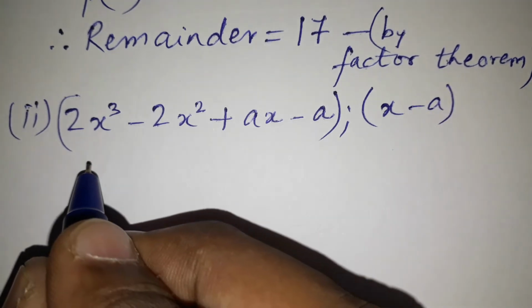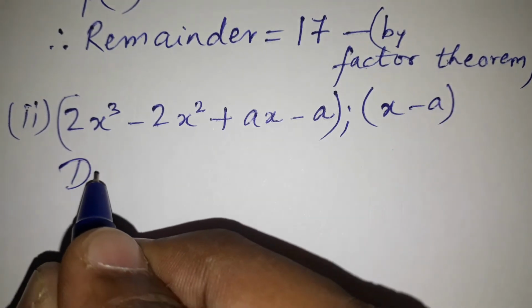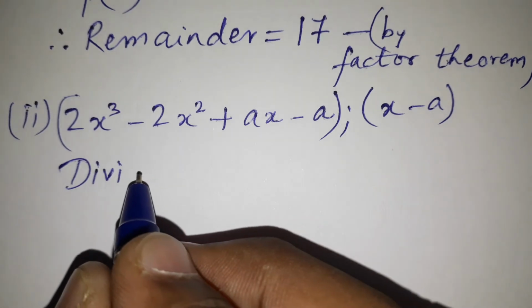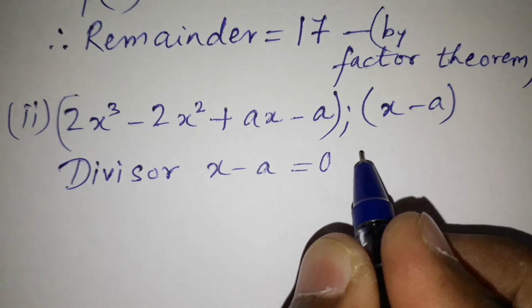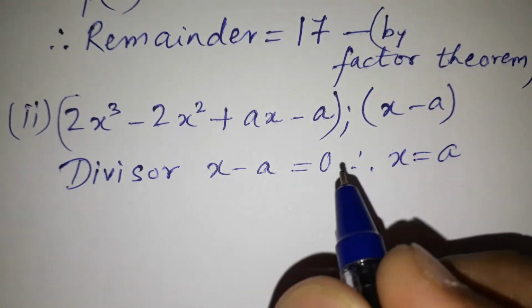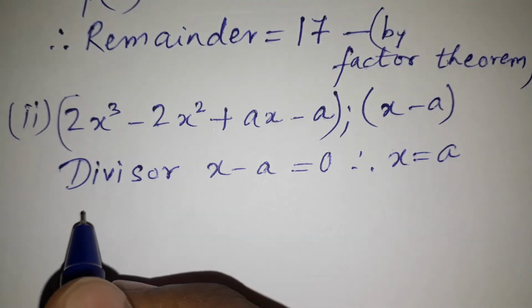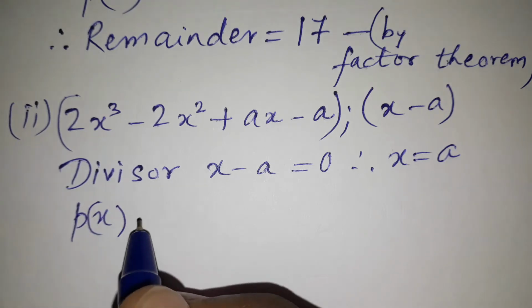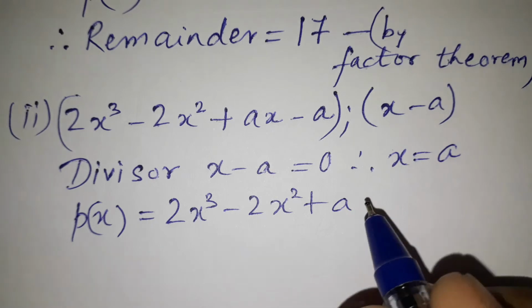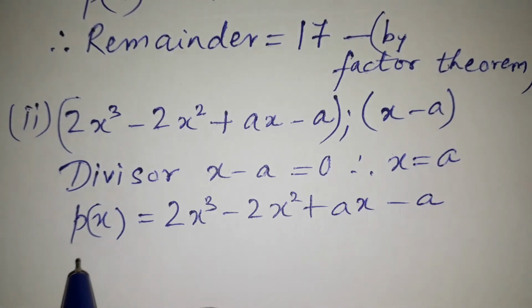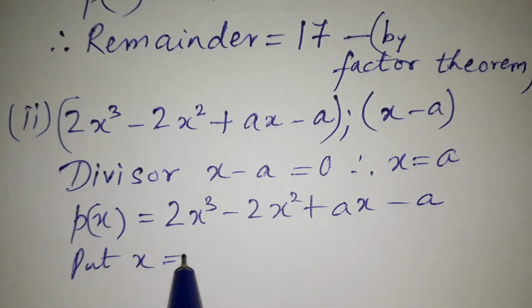As we discussed, first we need to put the divisor equal to 0 to find the value of the variable. So divisor x minus a is equal to 0, therefore x is equal to a. Now this value we have to put in the polynomial. Our polynomial is 2x cube minus 2x square plus ax minus a. So put x is equal to a.